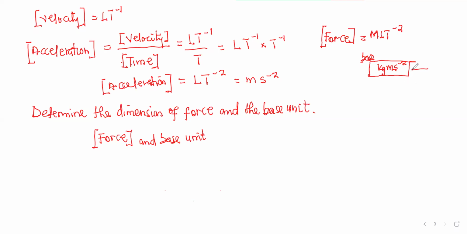That is how this was changed to Newton, and that became the SI unit. The actual unit of force in terms of the base quantities is kilogram meter per second squared. Is that okay? Yes. All right.